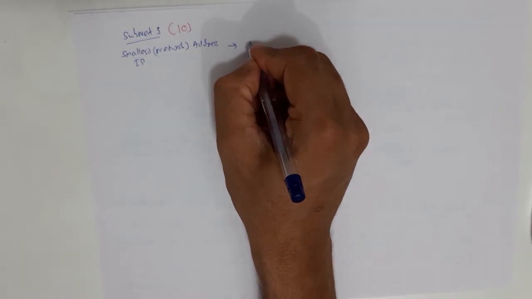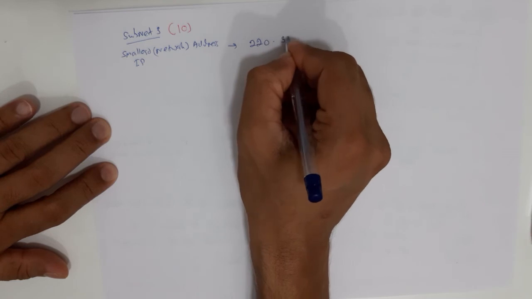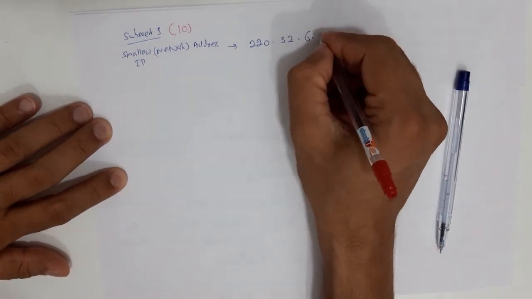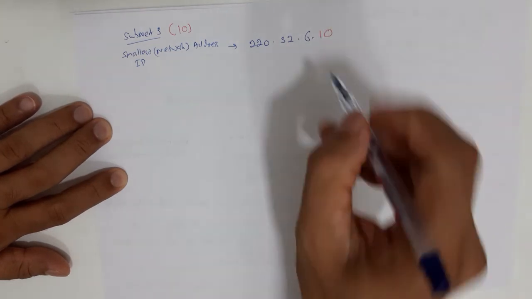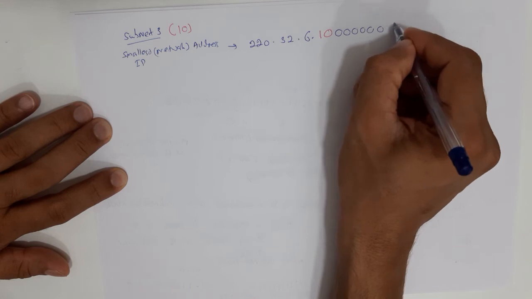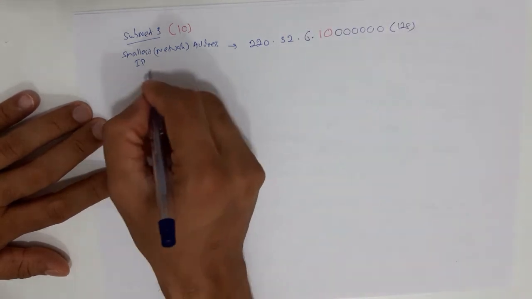So in our IP block, the first octets are 220, 32, 6. Next two bits in binary are 1 and 0. Host bits are made into zeros, 1, 2, 3, 4, 5, 6. Then this is 128.